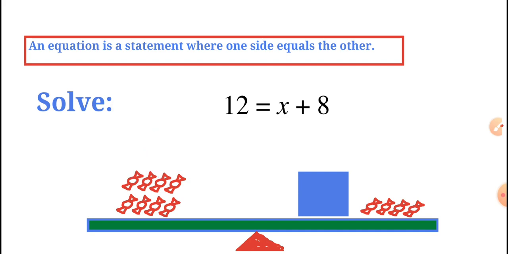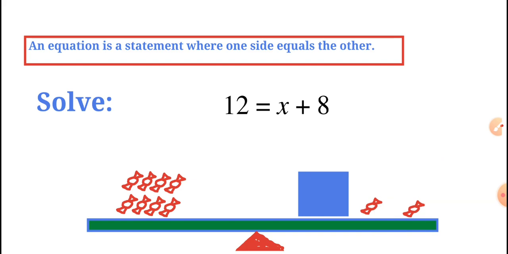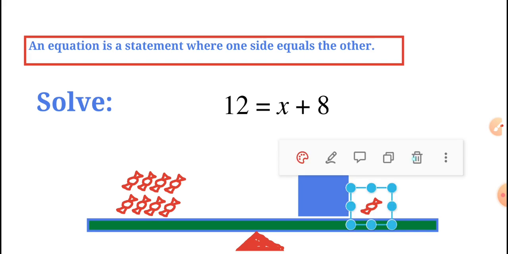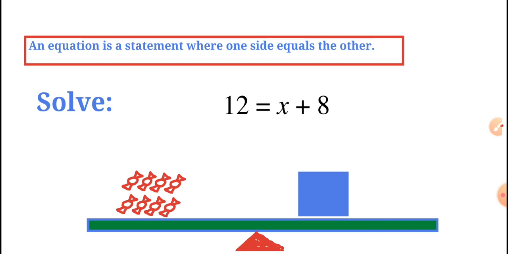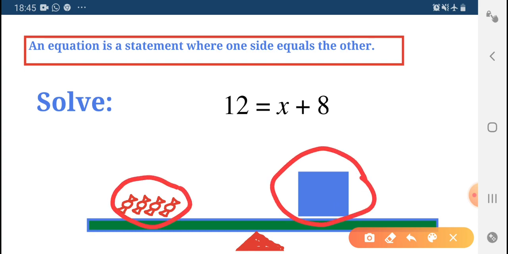Now if I take another 4 sweets from here, for the other side to be balanced, I have to take 4 sweets from there as well. So now we can see that 4 sweets here balance the number of sweets in the box. So this would suggest that there are also 4 sweets inside this box.